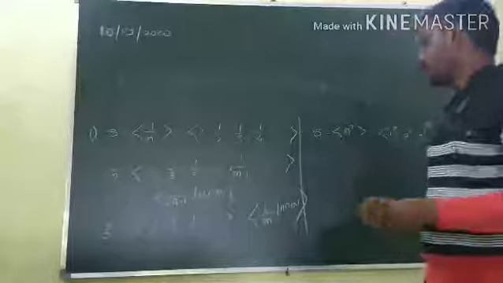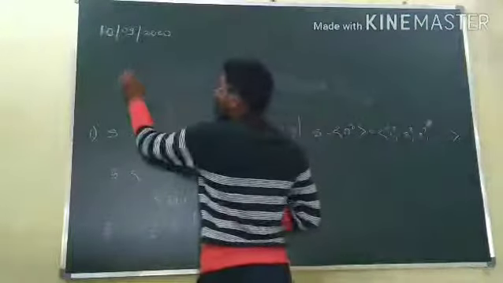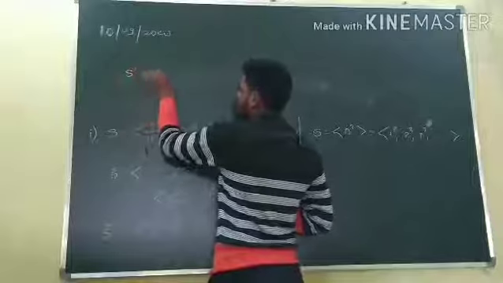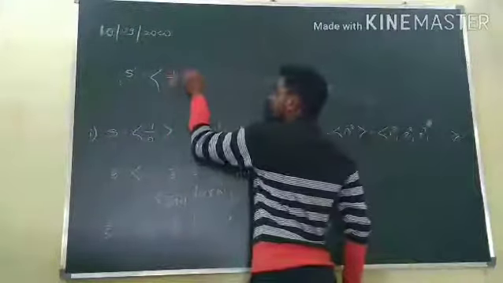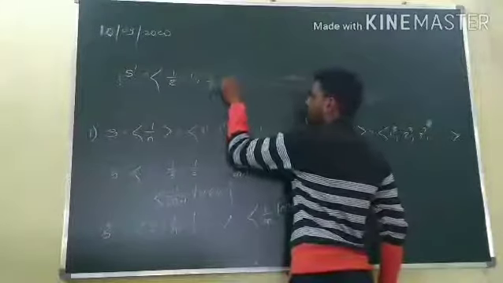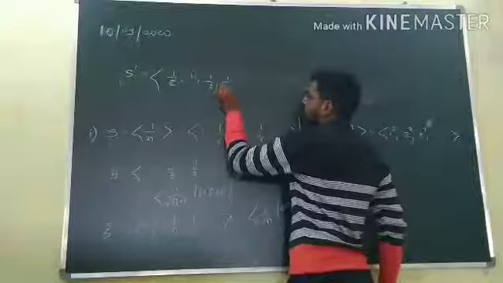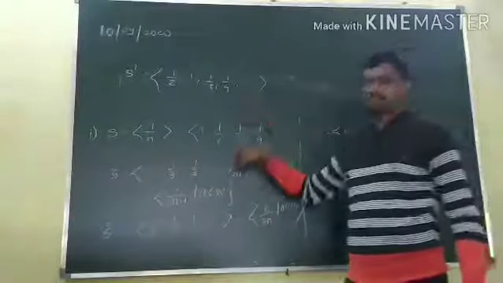But if you take s dash which is equal to 1 by 2, 1, later on 1 by 3, 1 by 4, and so on, now this is not a subsequence.